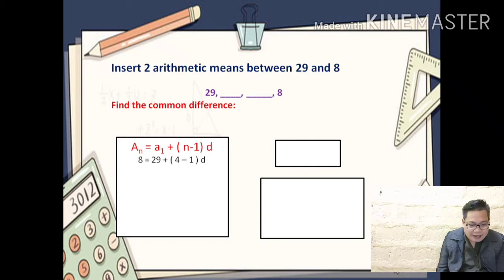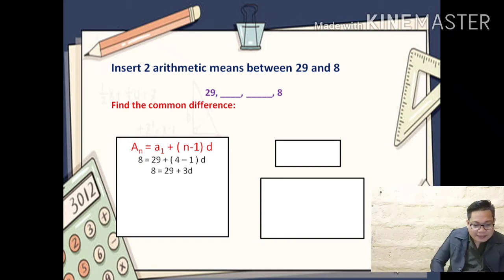Ang first term natin ay 29. Plus, ang n natin, ang given dalawa, ang hinahanap natin sa gitna ay dalawa, so 4 lahat. So 4 minus 1, at ang common difference yung hinahanap natin. So we have 8 equals 29 plus 4 minus 1 ay 3 times d ay 3d.